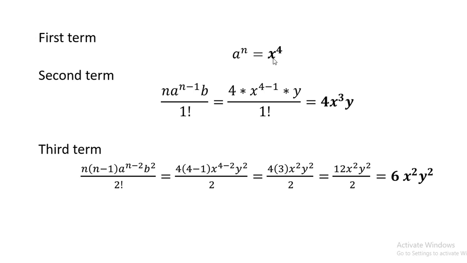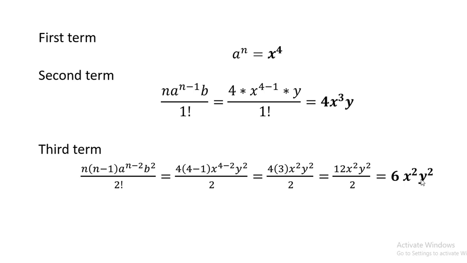Now you can see, as I told, starting from the highest power n, we reduce the power of the first term in each step, and increase the power of the second term gradually. So at this point, my power of the first variable, x, is now square.